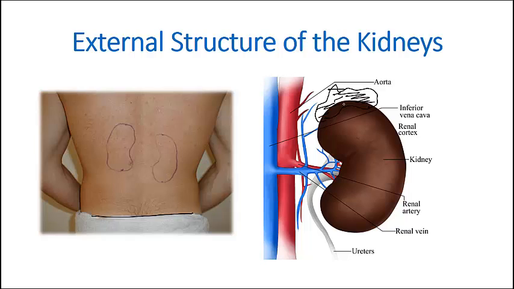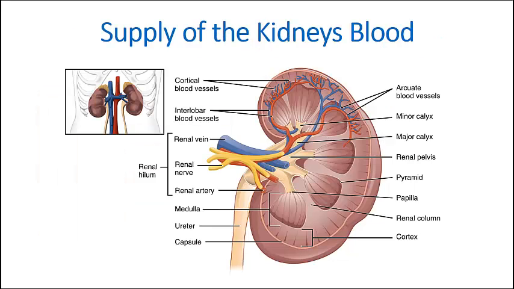Now if I zoom in on the kidney, you'll see that several structures enter or exit this concave region of the kidney. These structures are mostly the vein, nerves and artery, known as the renal vein, renal nerve and renal artery, because the kidney's job is to make urine.